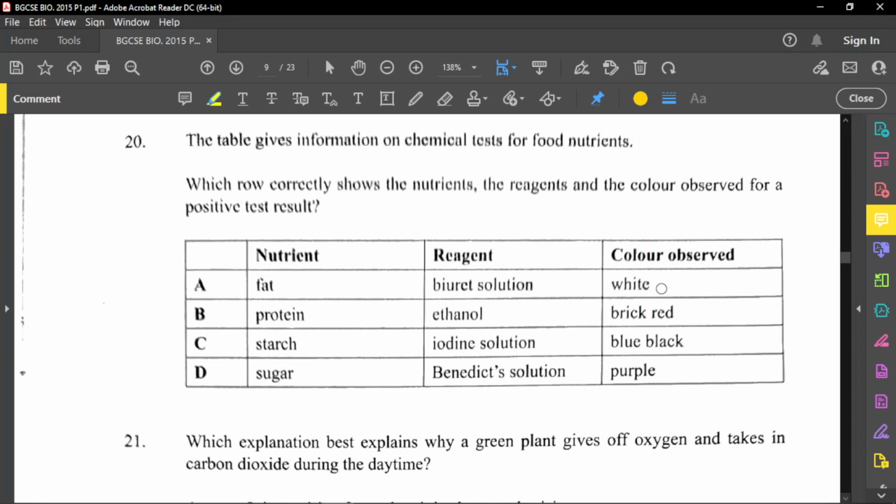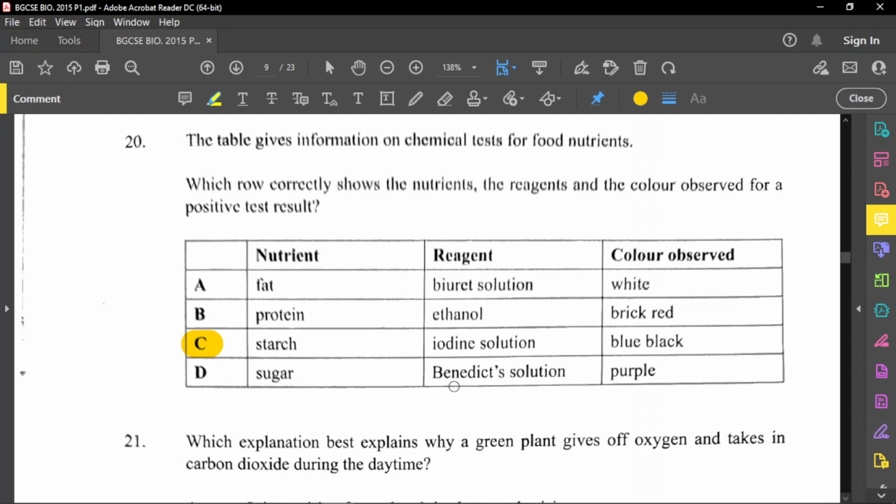And yes, fat will become white if you use the alcohol, so alcohol or ethanol should be here for fat. For protein, it is the Biuret, and the color you should get for a positive protein test should be purple, or in some cases you see violet. Now for starch, iodine is used definitely, and it turns blue-black. So yes, that will be your answer right there.